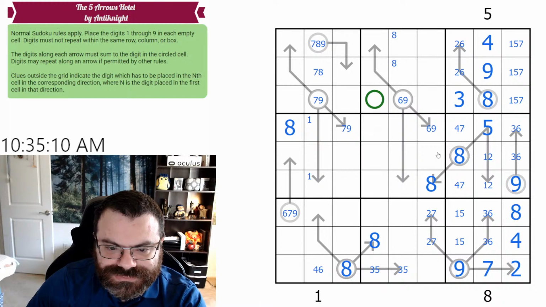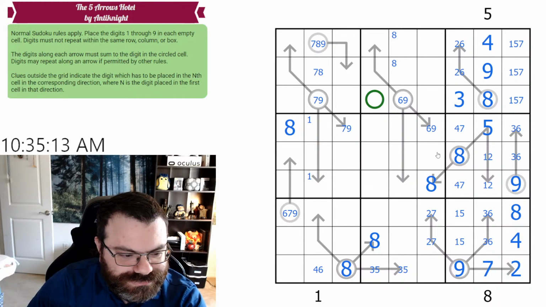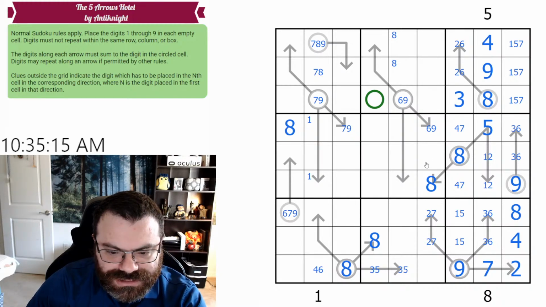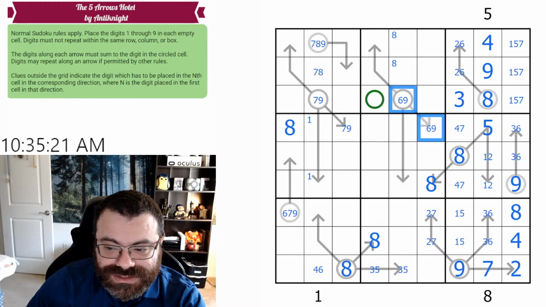Let's see. Yes, this here, let's call this blue. Where does blue go in this box? It's not 8, 3, or 5, so it goes here, and it's a 6 or a 9.